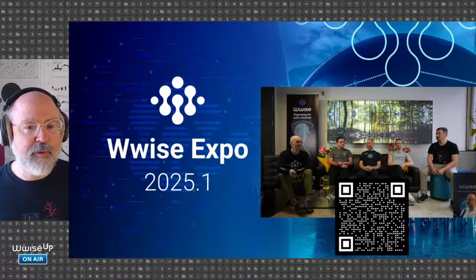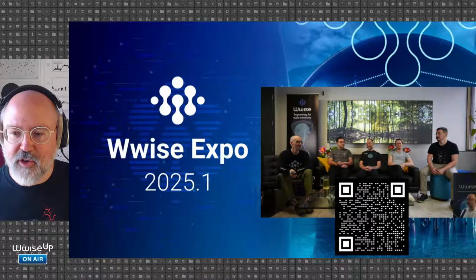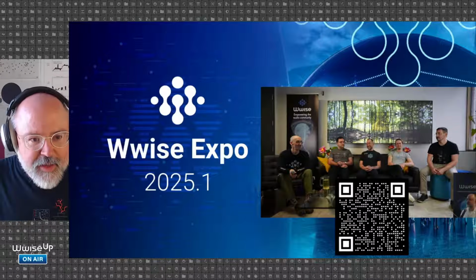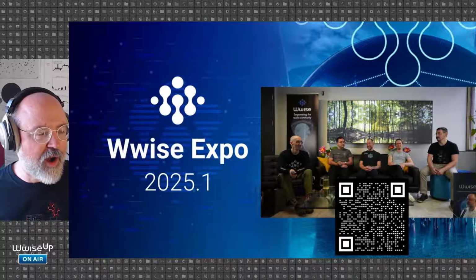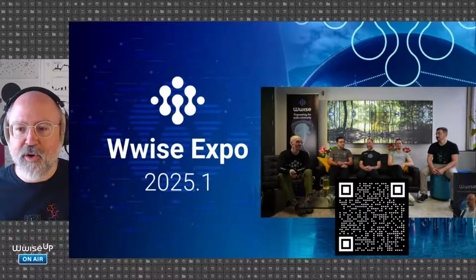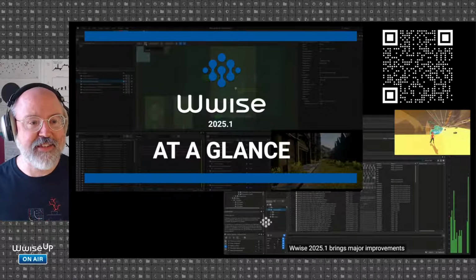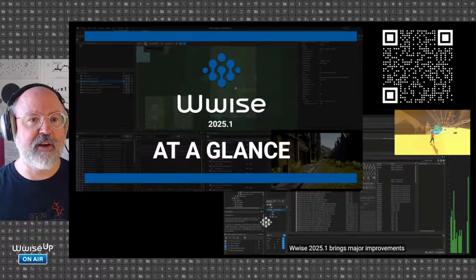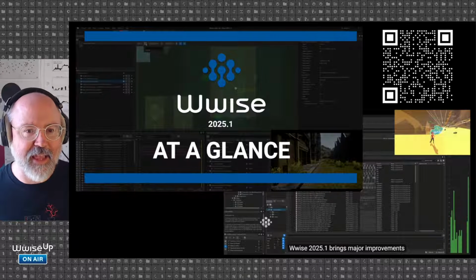So turn back time, jump back into that live stream. It was a great discussion, surfacing some of the history of Wwise and talking about where things are headed. And that said, we also premiered the Wwise 2025.1 At a Glance video.